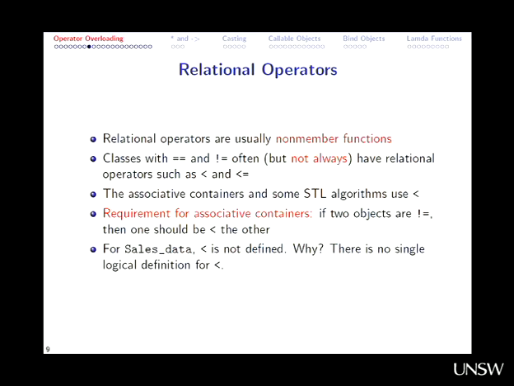Let's talk about relational operators. Relational operators are normally non-member functions. A relational operator is something that basically returns a built-in, like double equals, or not equals, or less than equal to. Classes with double equals and not equals often, but not always, have relational operators such as less than and less than equals.